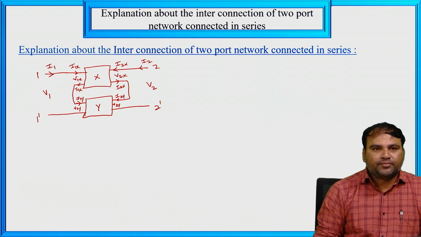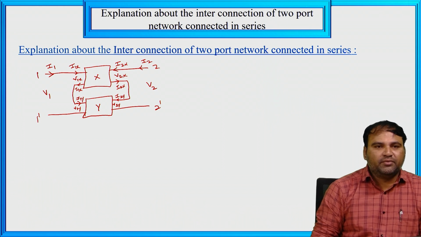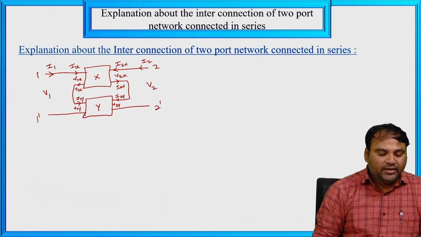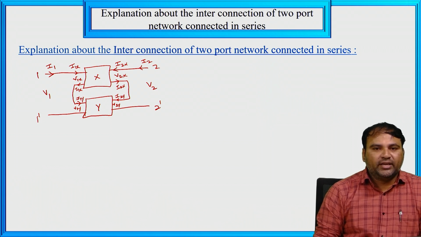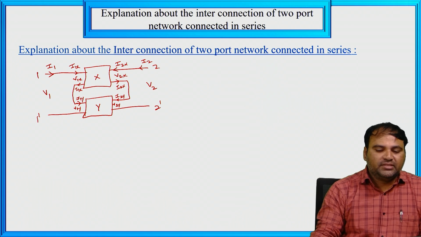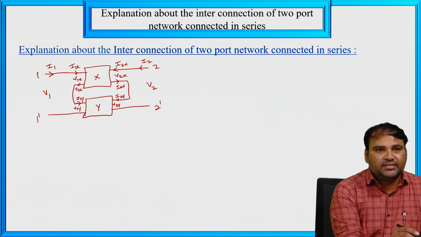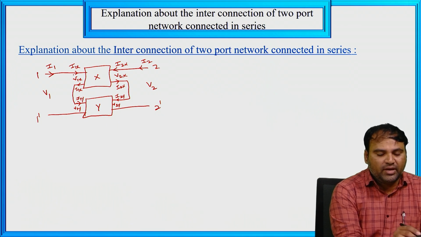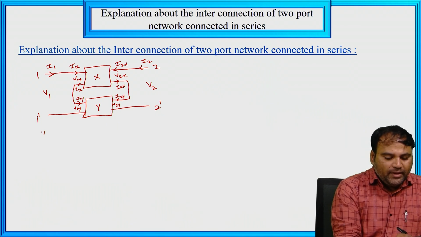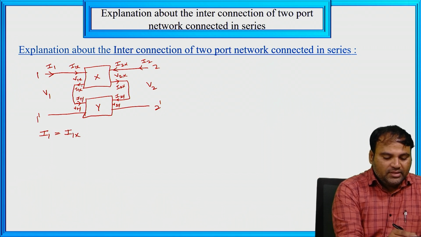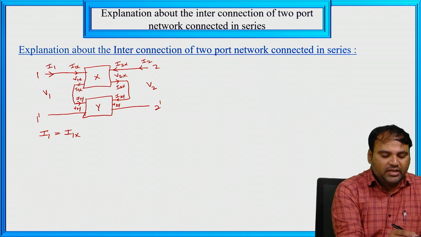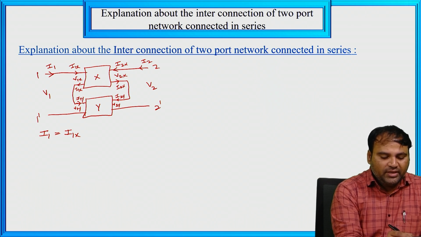Now for this series combination, we have to write the current relations, and after that the voltage relations. First, the current relation: I1 and I1X are the same because they are in the same line, so I1 equals I1X. The same current is flowing here, so I1X is nothing but I1Y.